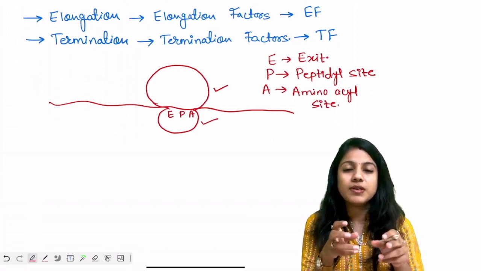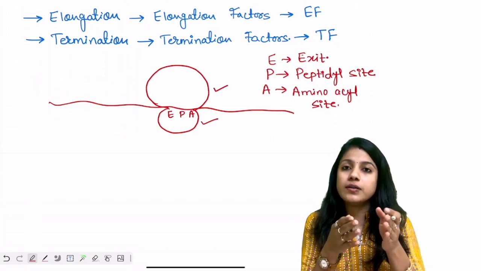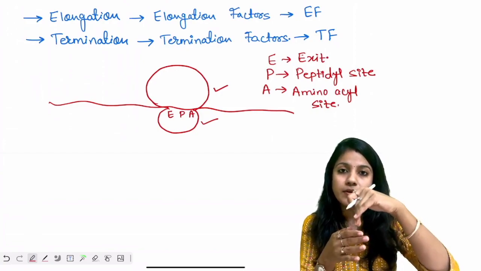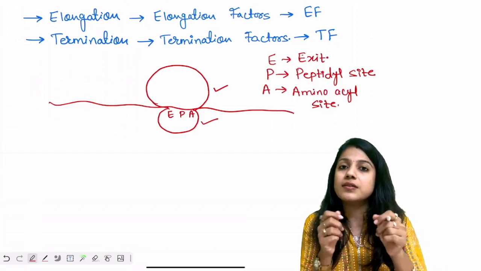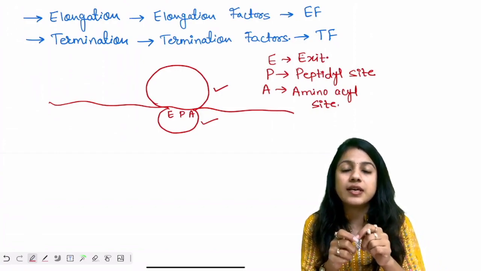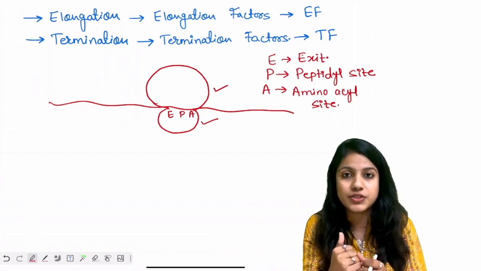You can assume there are three chairs or three doors, right? So one tRNA will come and be assembled on one door or one chair. Then other positions will be vacant. Till those positions are vacant, another tRNA will come and sit on another chair, right?